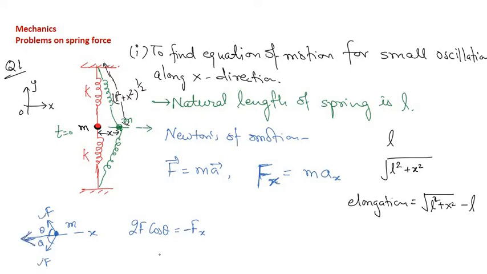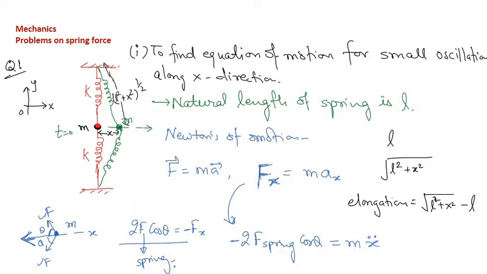So this is the spring force: 2 times F of spring force into cos theta, with a minus sign, equal to m times acceleration in the x direction, which can be written as x double dot. That is basically the equation of motion.